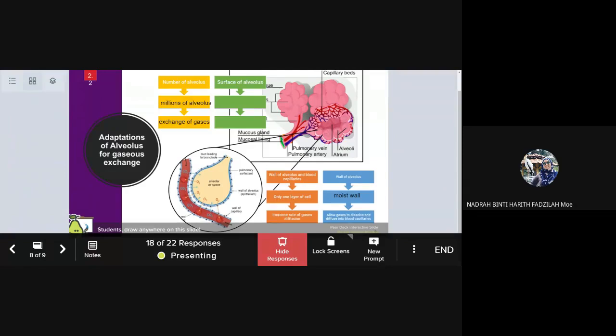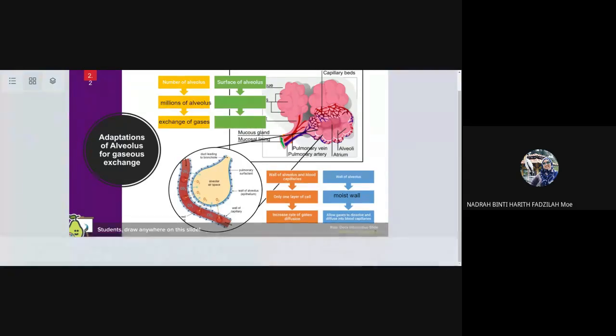Betul, bagus. So the function of having millions of alveolus is to increase total surface area, or to provide large surface area for gaseous exchange.